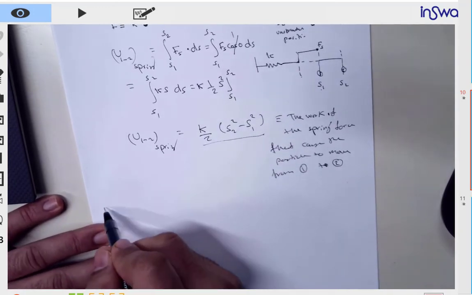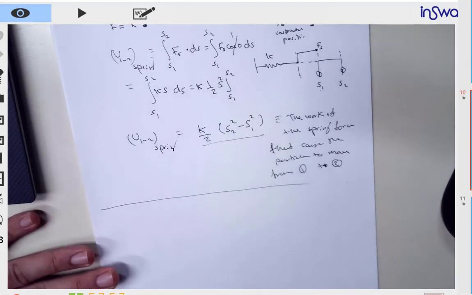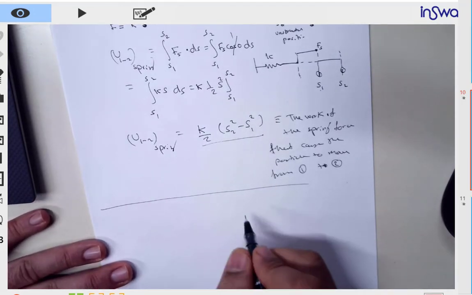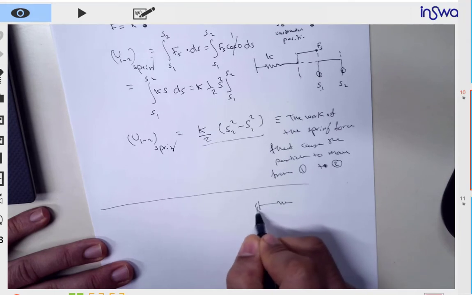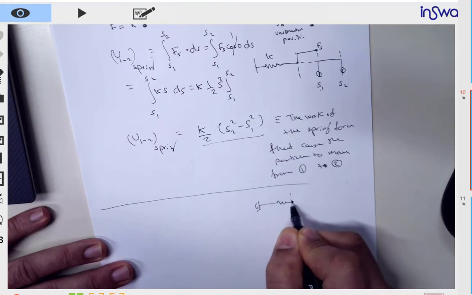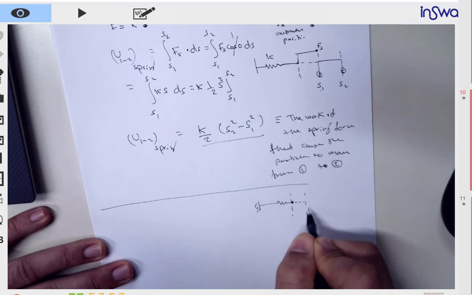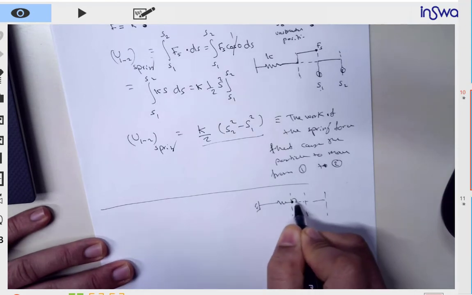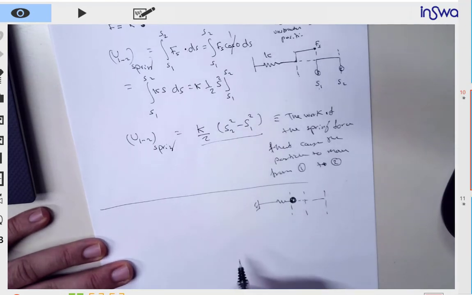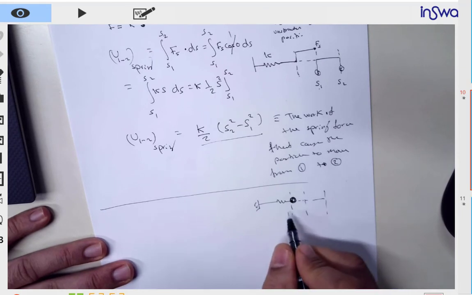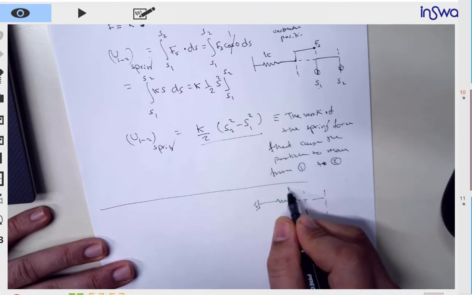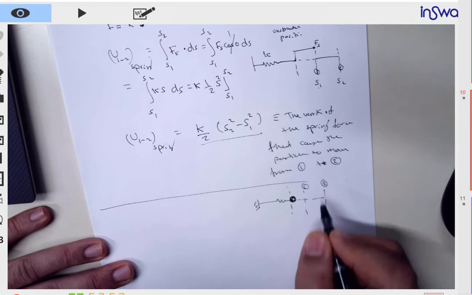So now we understand what that is. Now imagine the same scenario, where this is attached to a mass, and I'm stretching it. This is the unstretched position, this is state 1 and state 2.